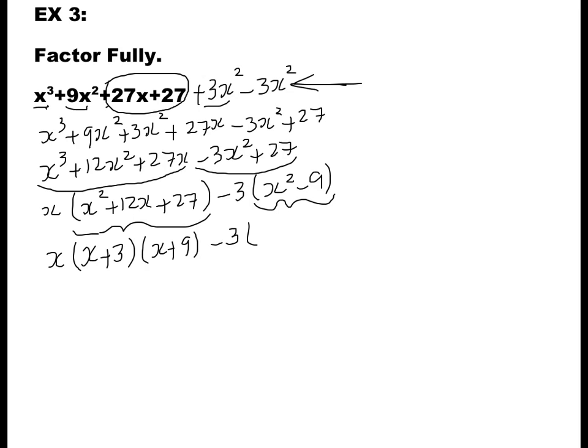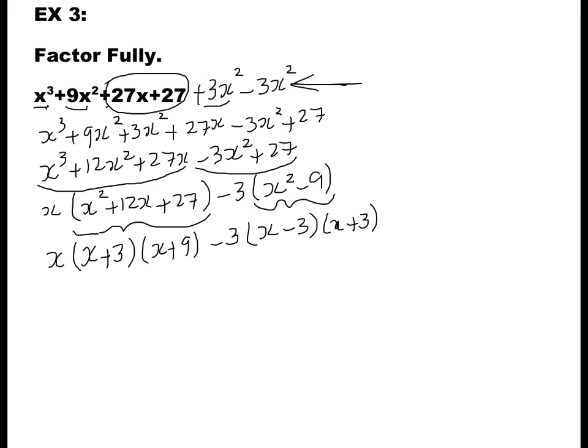Now, the second bracket is very interesting because there is no middle term. This means b is 0. So I have to find two numbers that multiply to negative 9 and add up to 0. Those two numbers are 3 and negative 3. So I can write this as x minus 3 times x plus 3.